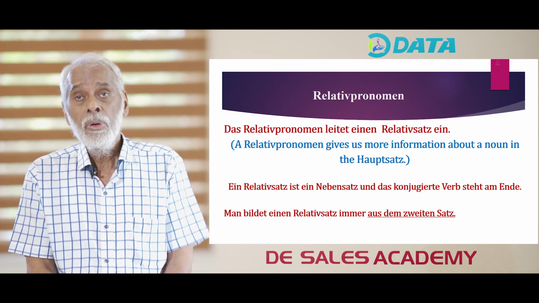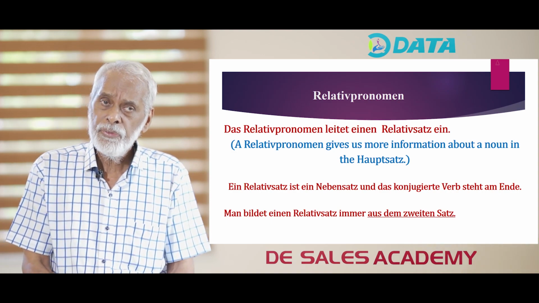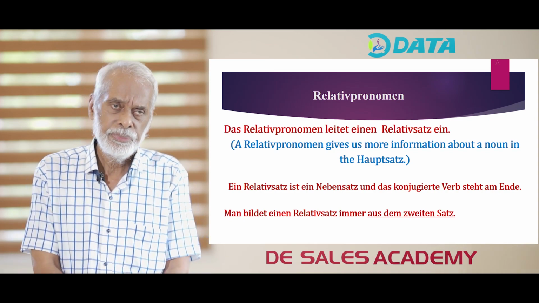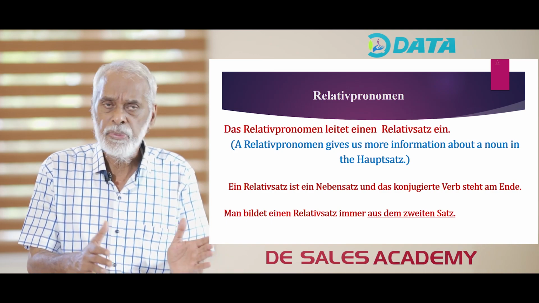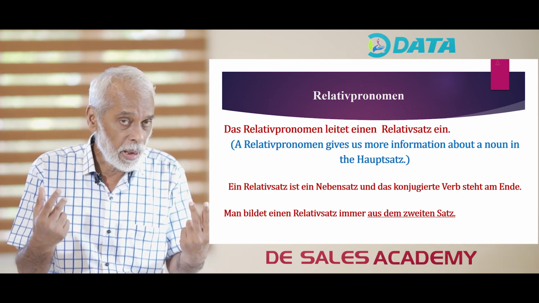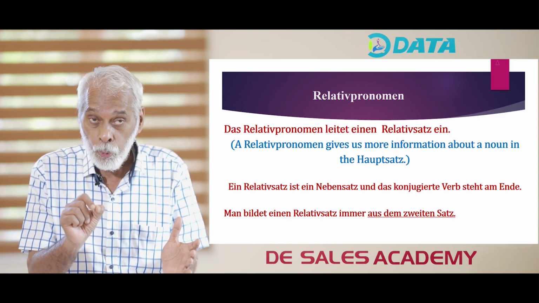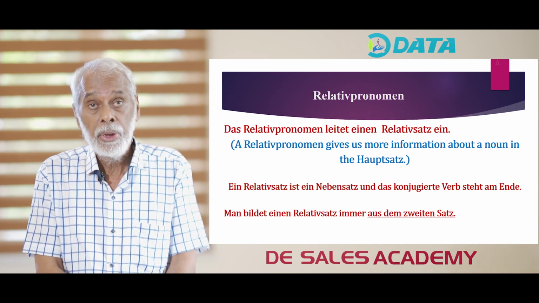So, what does it mean? In German, when you say er, es or sie, we cannot say that er means he, es means it, and sie means she. Depending upon the context, we will have to look to which noun this pronoun is related.